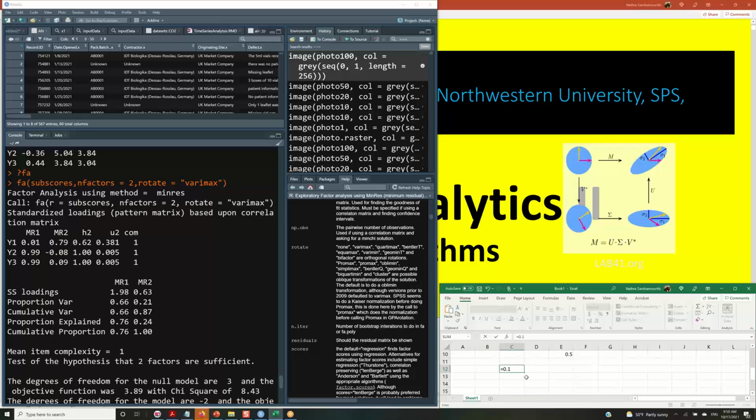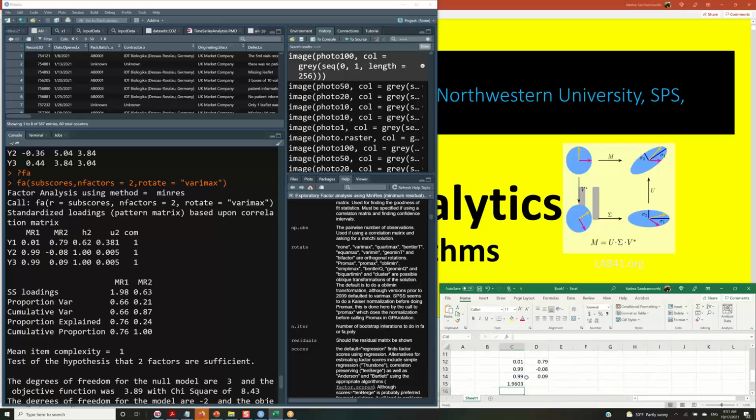I'm going to put everything here and then square it. Okay, 0.99, 0.99. Here it is 0.79. Here it is minus 0.08, and then 0.09. So here the sum of squares is equal to... There is a function for sum of squares, okay.